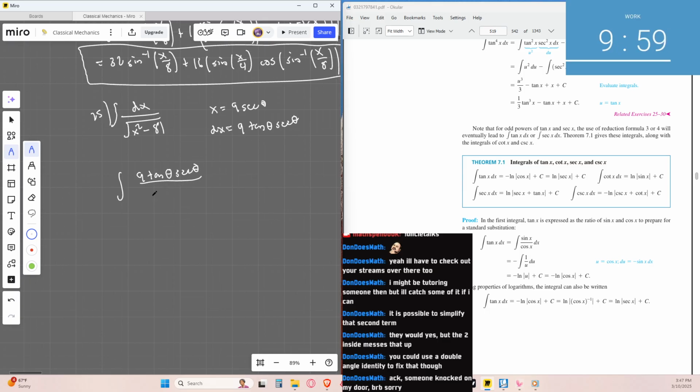Okay, now I actually got what we're supposed to do. Because I just want to double check, that will turn into secant squared, and then we'll factor out the 9.